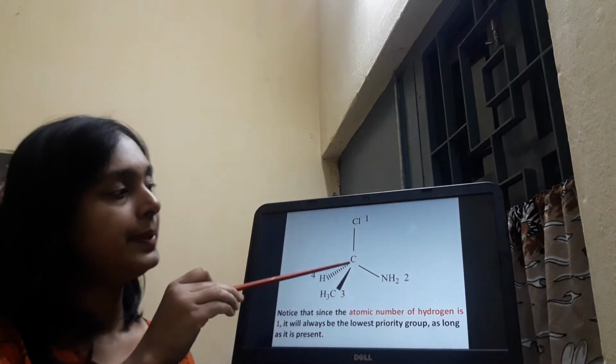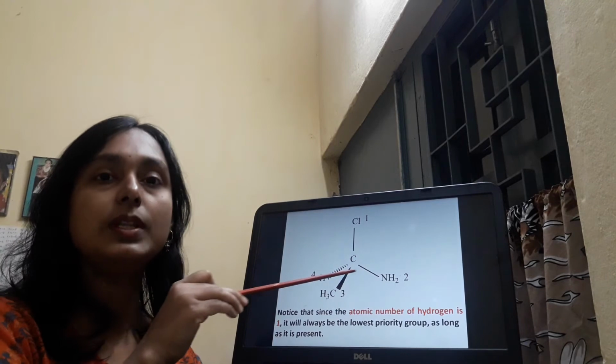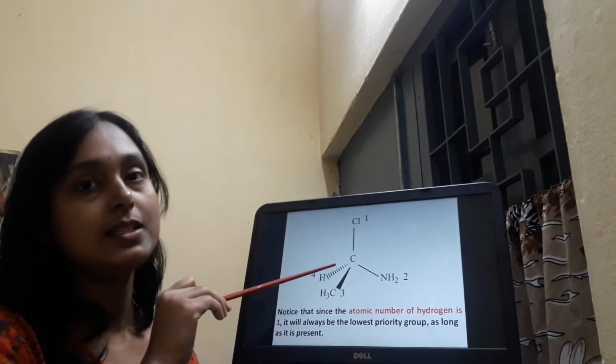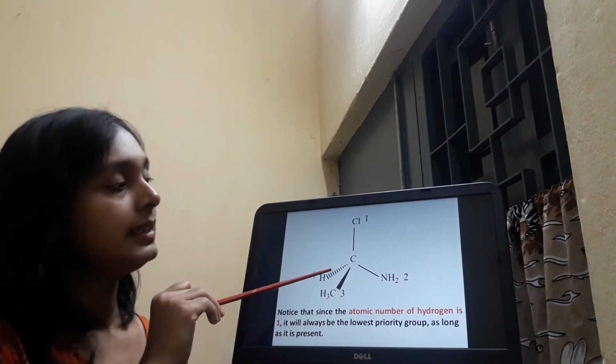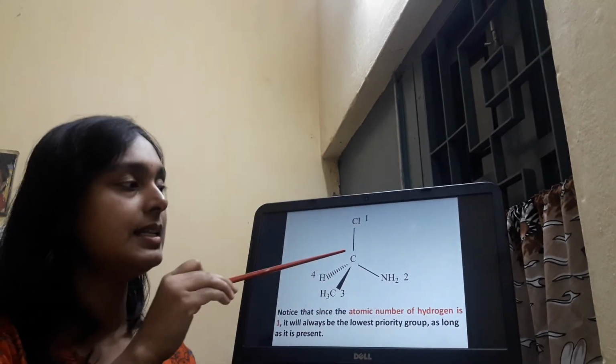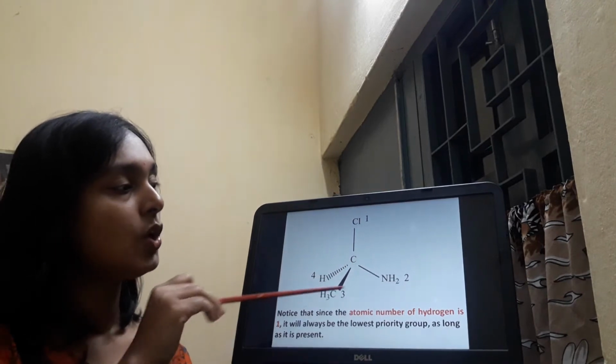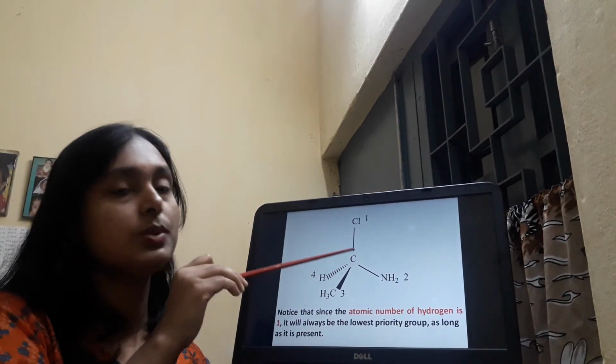So here for example, this carbon is our chiral center. First of all, we have to find the chiral carbon in a given compound. Then we will search for the ligands or groups attached to the chiral center. Then we have to find the atoms which are directly attached to the chiral carbon.